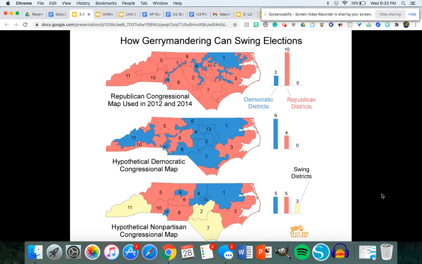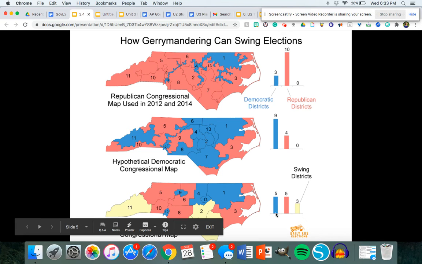This is a hypothetical map of North Carolina, if districts were drawn nonpartisan, meaning neither political party had control over how it would be drawn, simply based on the trends in voting. As you can see, there are 5 districts that would vote blue or Democrat, 5 districts that would vote red or Republican, and then 3 would be swing districts, meaning in an election they would vote either blue or red.